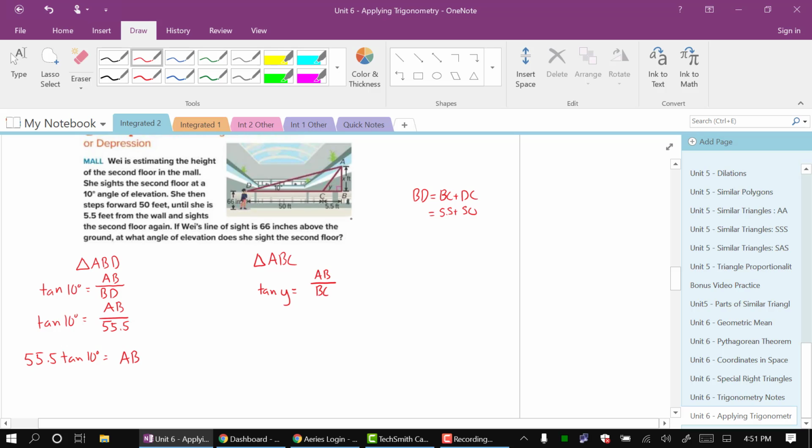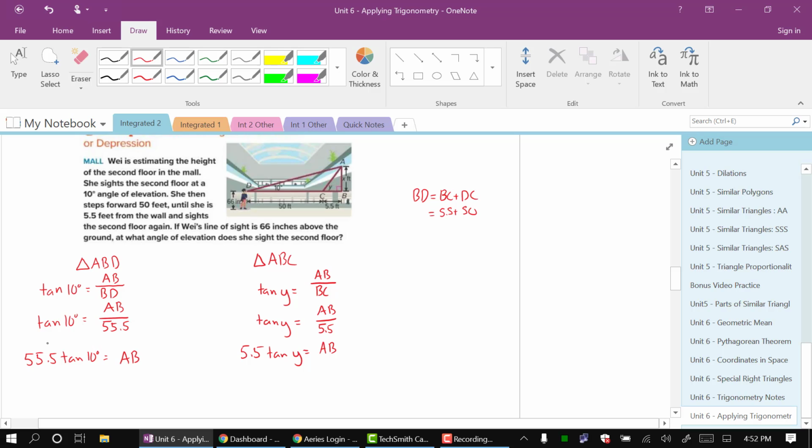We know what BC is, though. We know BC is 5.5. This is going to give me tangent Y equals AB over 5.5. Multiply both sides by 5.5. Tangent Y, because we have this value right here, Y, equals AB.